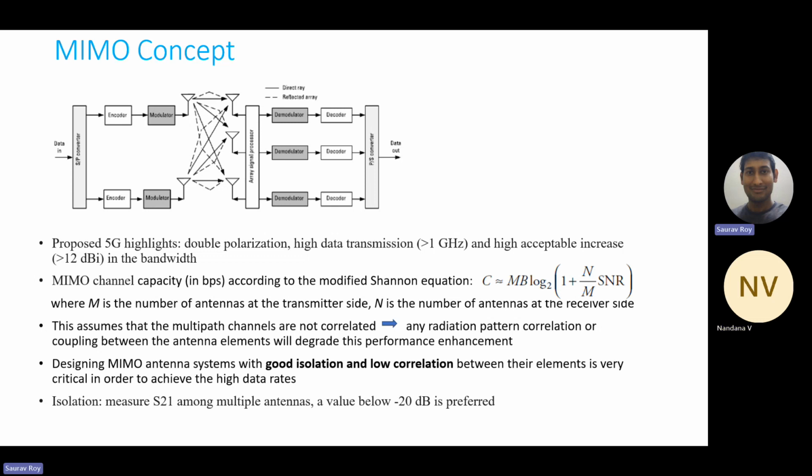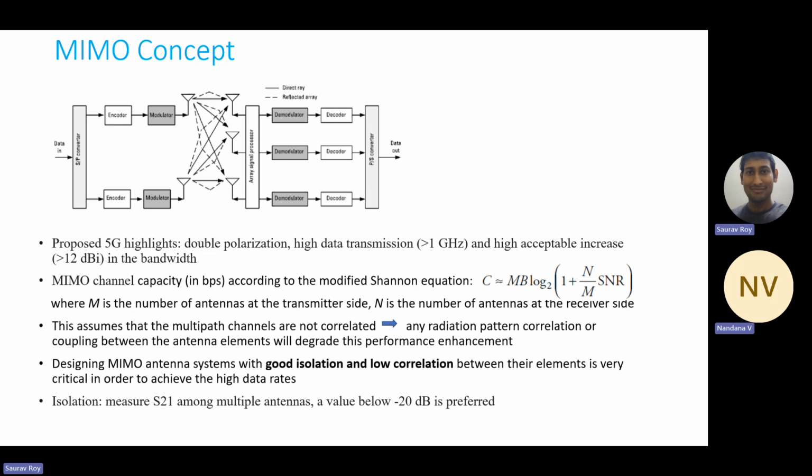That is the main feature of MIMO, spatial diversity, so that whatever output streams come in, they should look different. One should not affect the other. That is exactly the coupling. So we should reduce the radiation pattern correlation or coupling between the antenna elements, so that MIMO performance is not degraded.